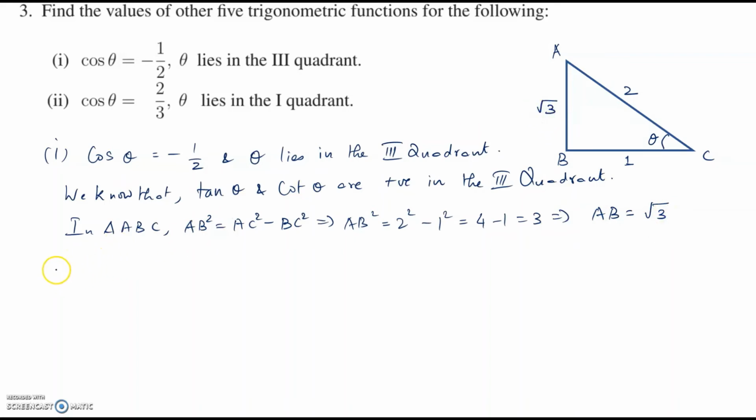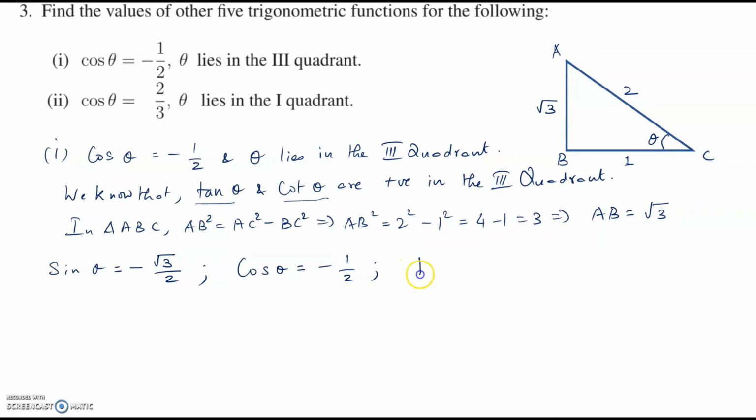Now we can find all the rest of the trigonometric functions, provided we apply the condition that it is in the third quadrant. So our tan theta and our cot theta will be positive. Sine theta will be equal to opposite side, which is root 3 by 2. But we know in the third quadrant sine theta is negative, so it's minus root 3 by 2. Then our cos theta is already given as minus 1 by 2.